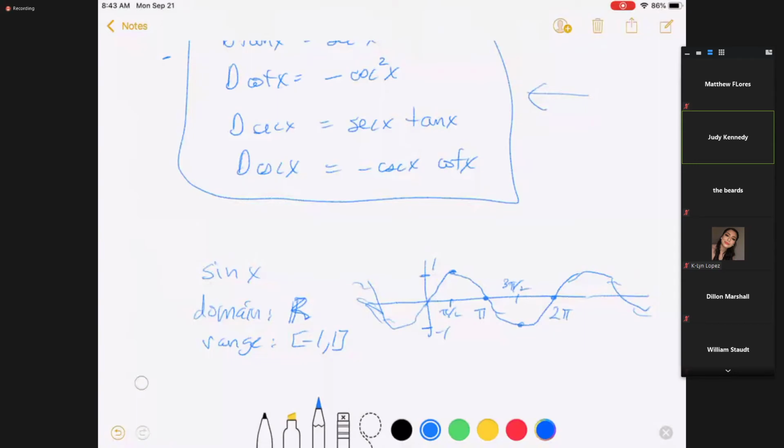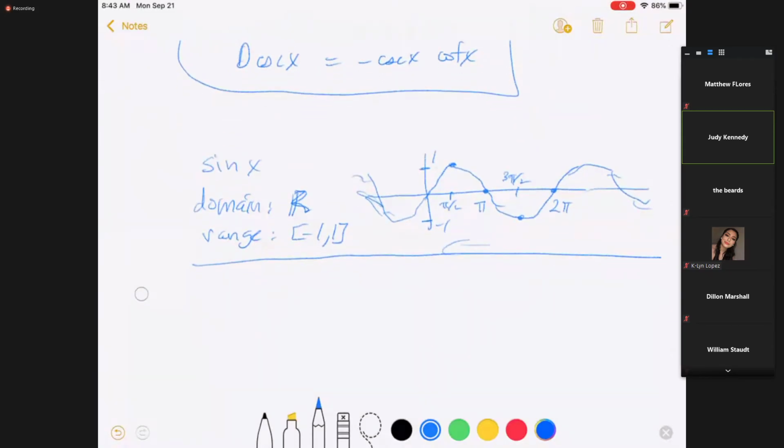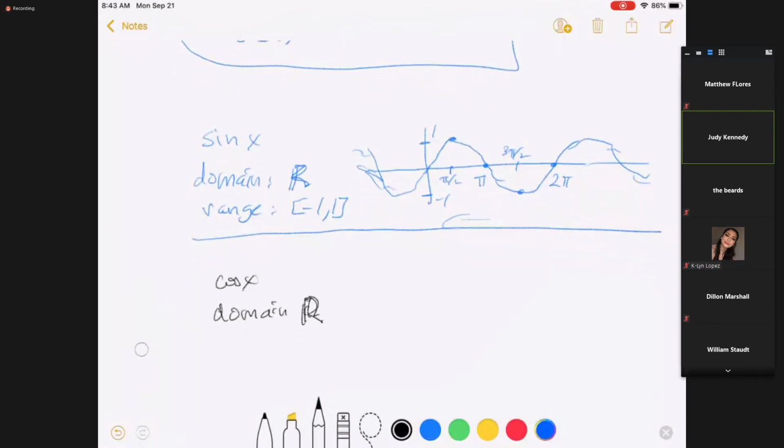You should have images of these in your mind. The cosine is actually just the sine shifted over by pi over 2. Just take it and move it that way. Cosine has domain R, all the reals, and range also -1 to 1. Cosine of 0 is 1.